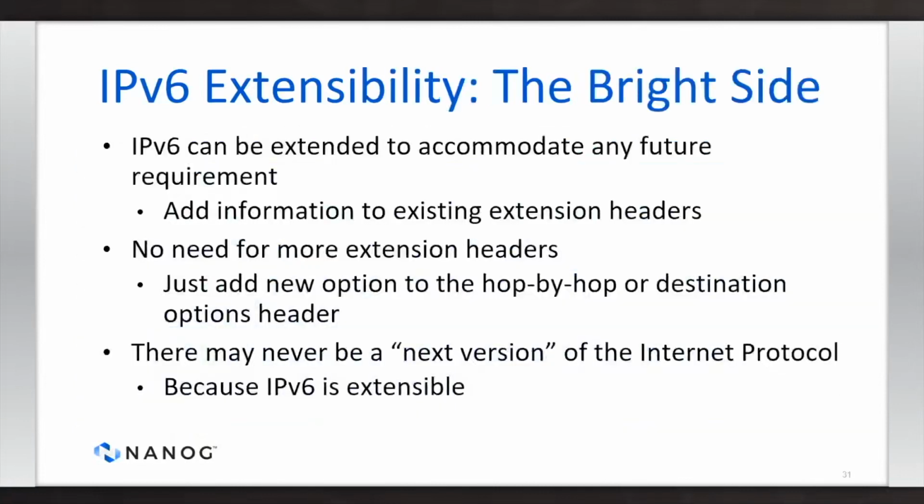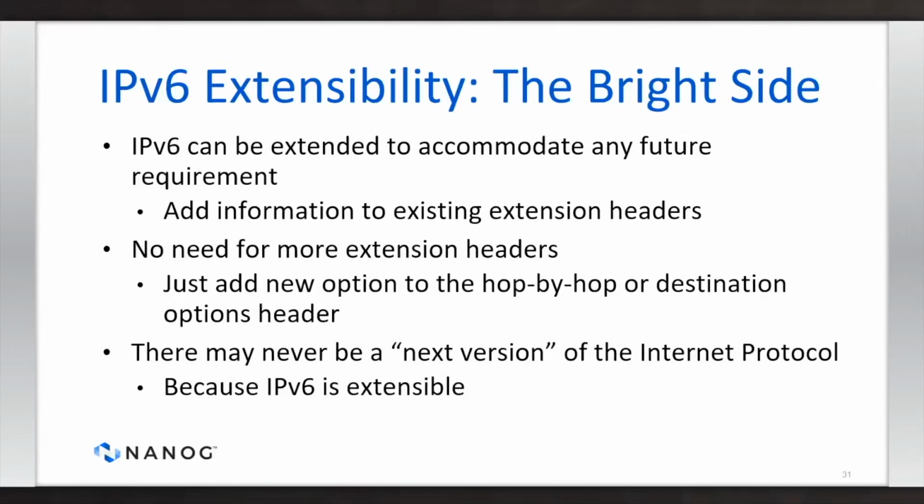Now, let's talk about IPv6 extensibility for a second. And first, we'll look at the bright side. In theory, IPv6 can be extended to accommodate any future requirement. Just add to existing extension headers. You don't even need to add more extension headers. You just add more options for the hop by hop or the destination header.